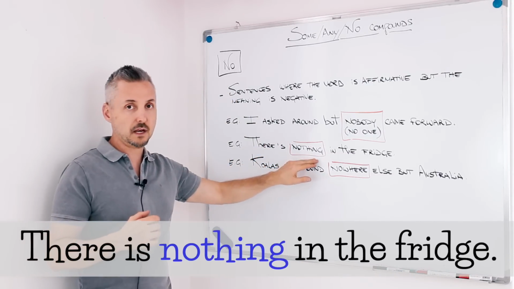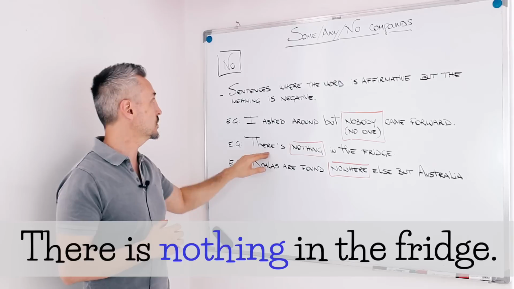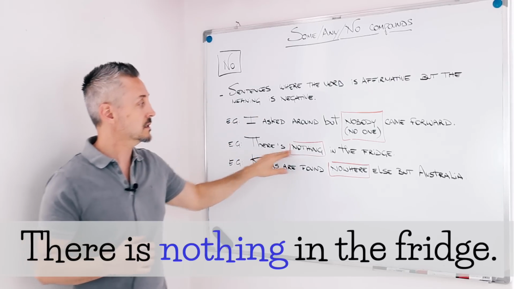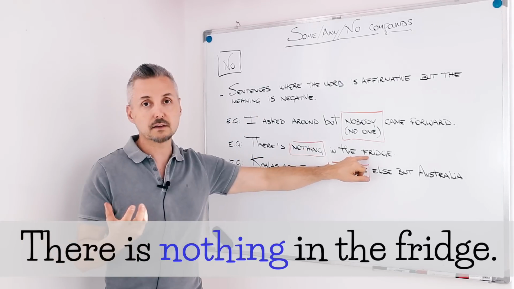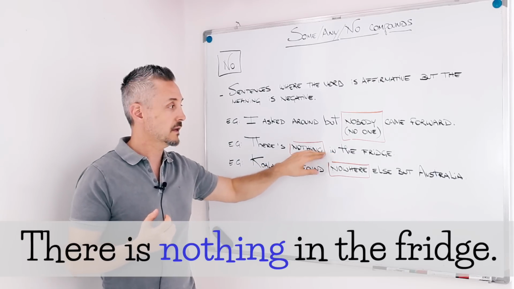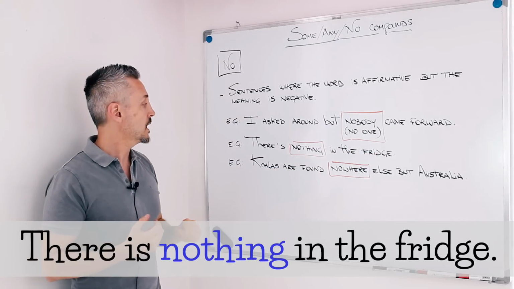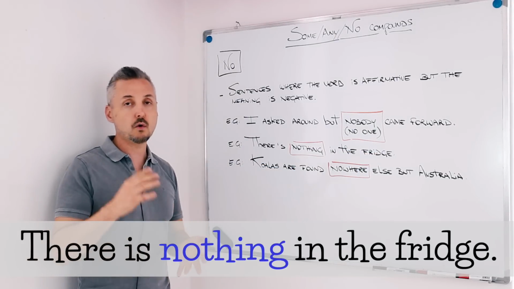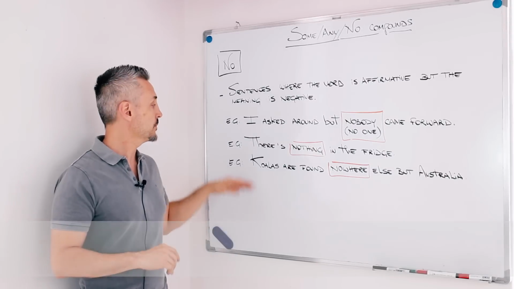Let's look at no with thing and where. There is nothing in the fridge. So this is an affirmative sentence, but there is a negative noun in the sentence also, because there is nothing in the fridge. So no milk, no water, there is nothing.